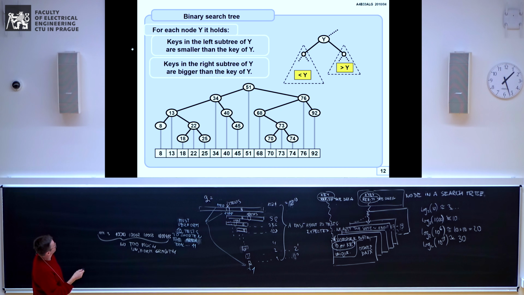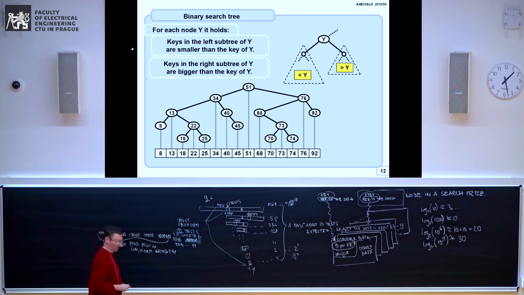It also contains some key, and then the rule, which is the basic rule of any search tree, says if you go to the left from a particular node, you will find only smaller values of keys. And if you go to the right, you will always find only bigger values of keys. And that holds for any node you might imagine. You may yourself check that it holds. If, for example, there is 13, to the left are smaller values, to the right are bigger values.